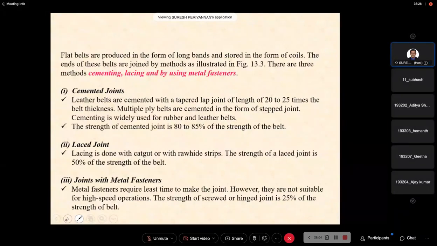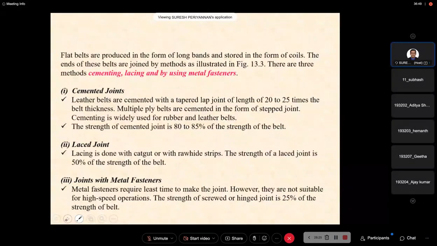Hence, most belt companies, especially for flat belts, make them as straight belts and wound them on a coil for storage. Suppose person X comes and asks, give me a 2 meter length of the belt, they will give it in the form of a straight belt.